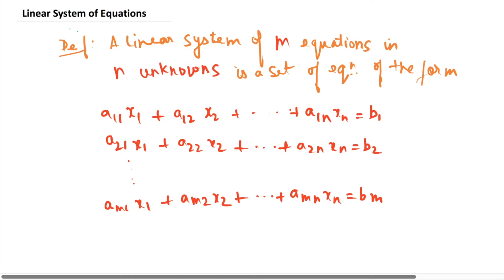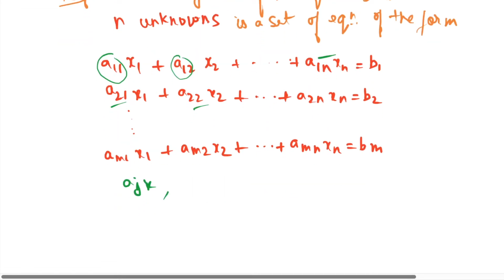All right, and in the linear system of equations, the terms ajk, so the terms a11, a12, a1n, a21 and all these guys, where j can take a value from 1 till m, and k can take a value from 1 till n.